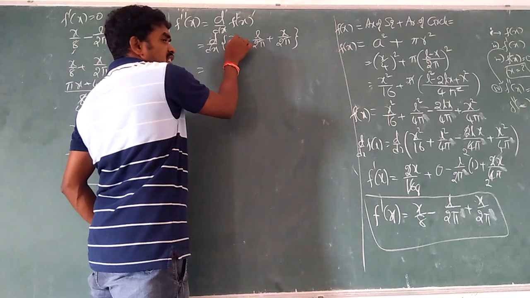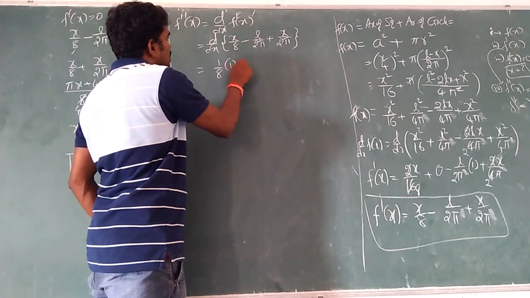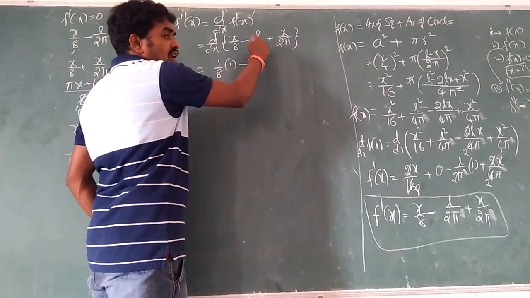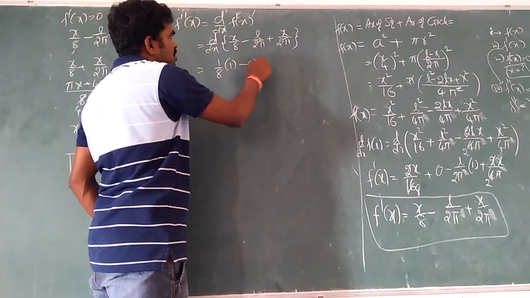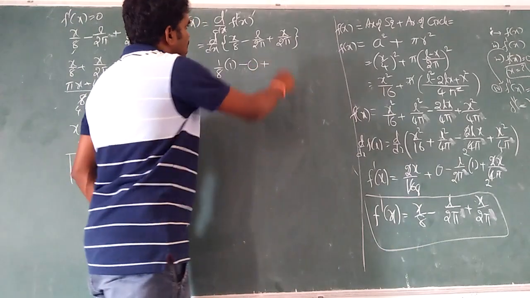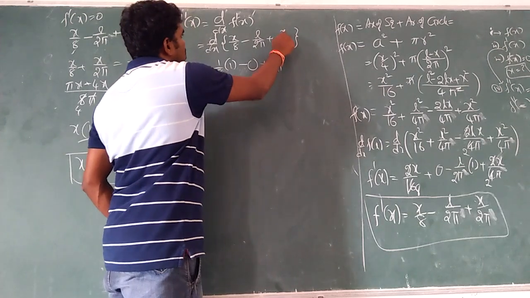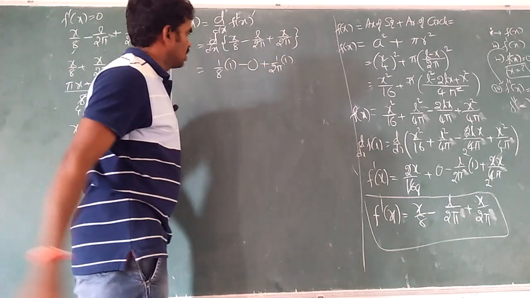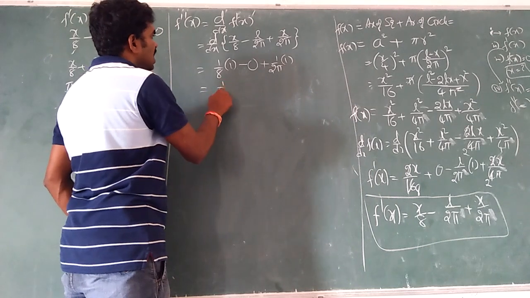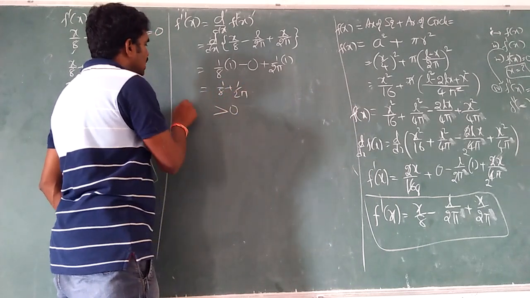Derivation of x: 1 by 8 as it is, minus this one, a complete constant term with no x terms, 0, and plus here x is variable, 1 by 2 pi as it is. So finally we are getting 1 by 8 plus 1 by 2 pi. So we got a positive value, greater than 0.